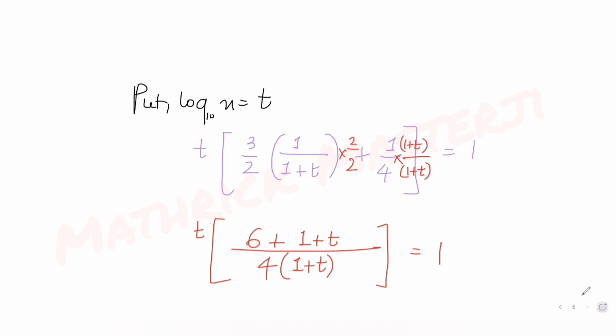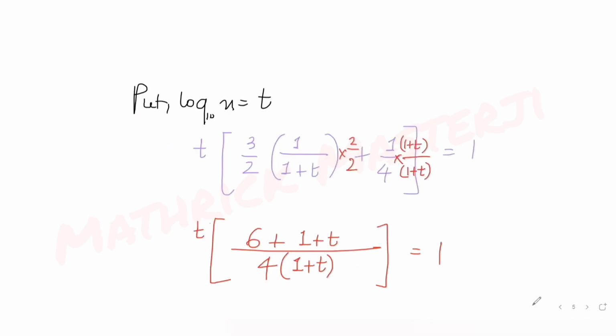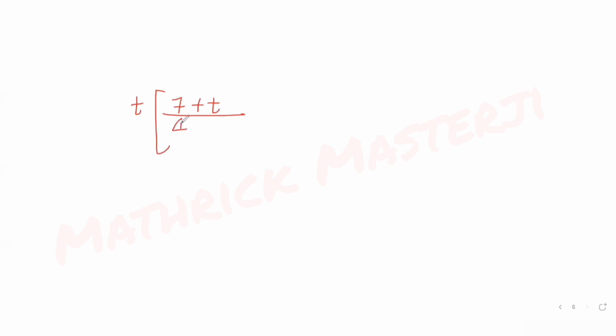So if I solve this further, what I get here is, let's see. So you get t into 7 plus t upon 4 plus 4t is equal to 1. So if I solve this further, I get 7t plus t square is equal to 4 plus 4t.